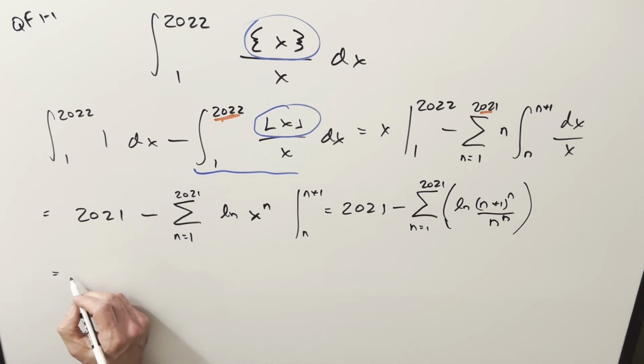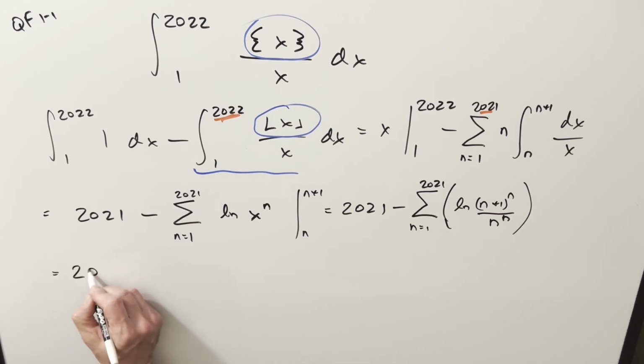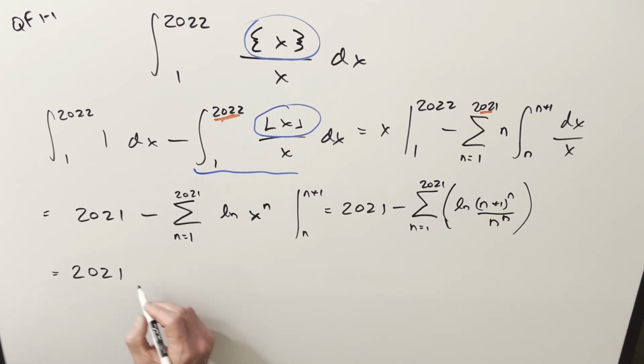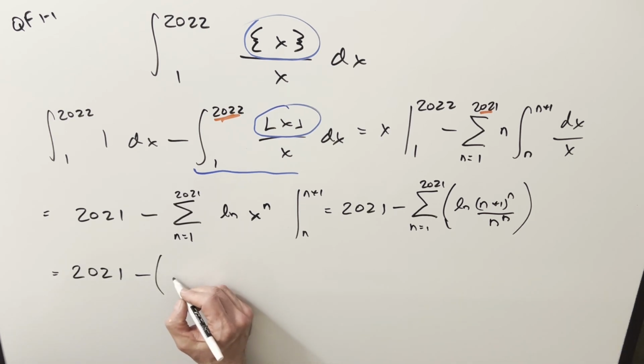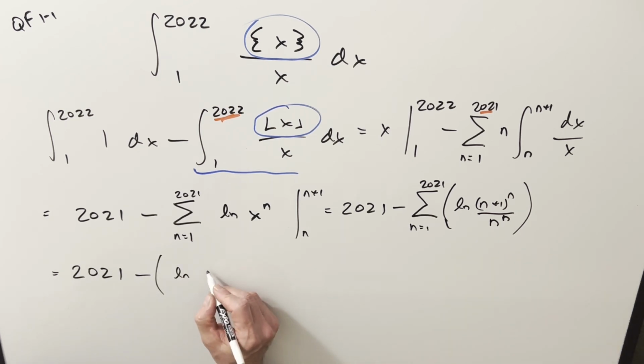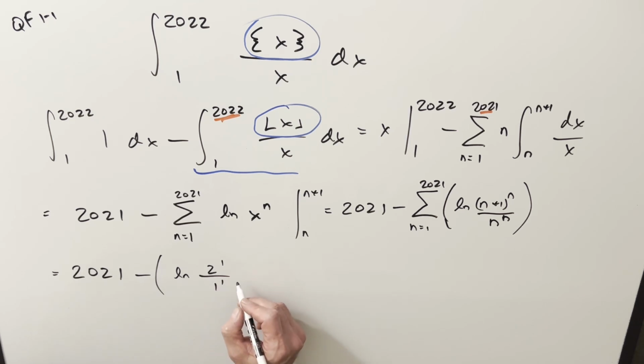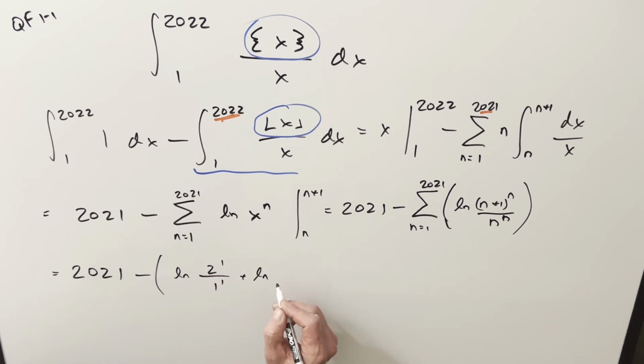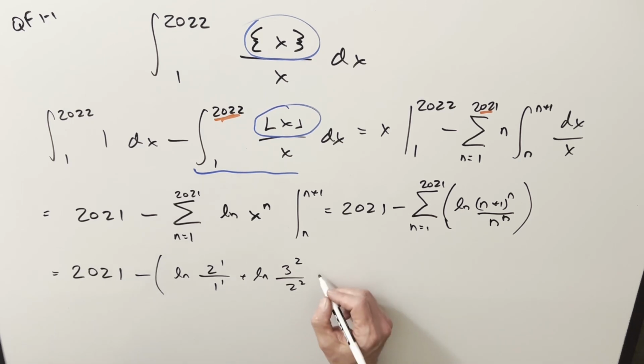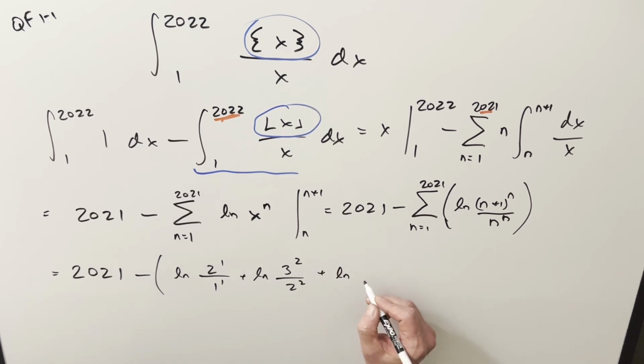So let's start plugging in terms on this thing. We've got the 2021 out front. So first we plug in 1, and we're going to have natural log 2 to the 1 over 1 to the 1, not simplifying anything. Then the next one is going to be natural log 3 to the 2 over 2 to the 2. Then when n is 3, we get natural log of 4 to the 3 over 3 to the 3.